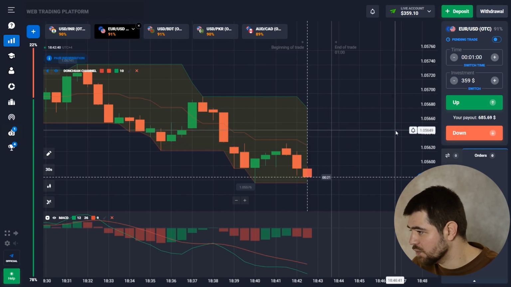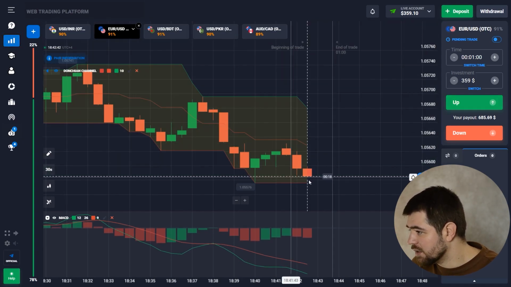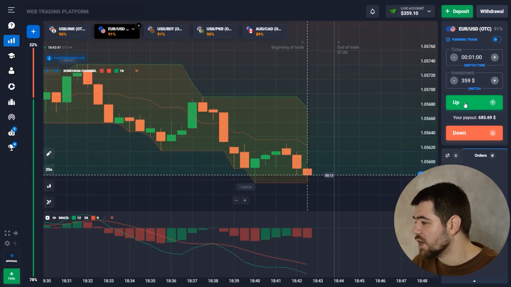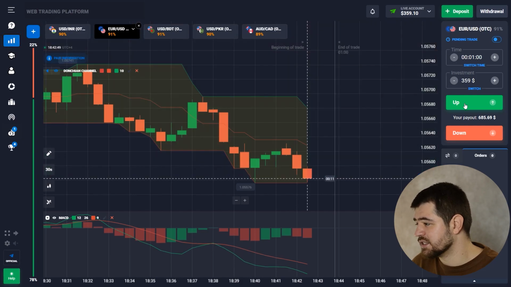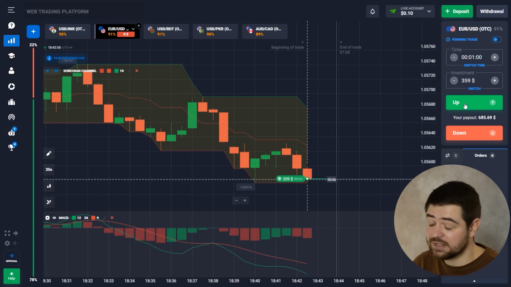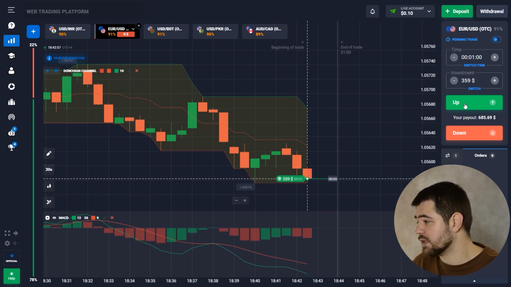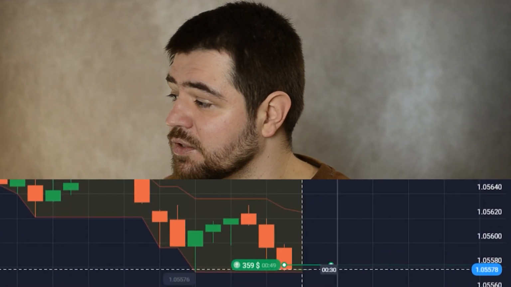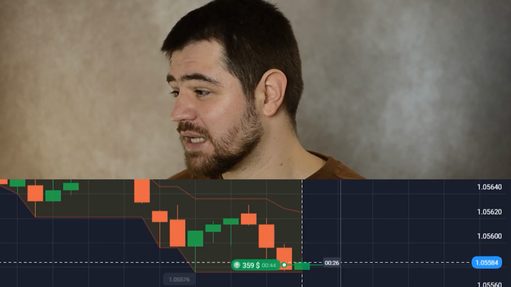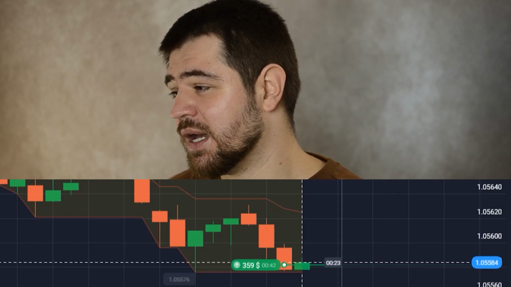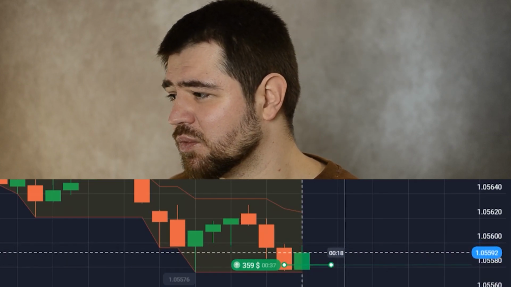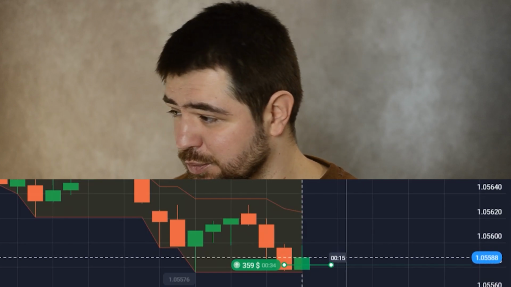Okay, so what I'm gonna do here is we're gonna go up, because right now what we see here is that there was clearly a downtrend, and with time you see that it starts to lose its power. But here we could go into maybe a pullback, so we'll be lucky if we're within the pullback.